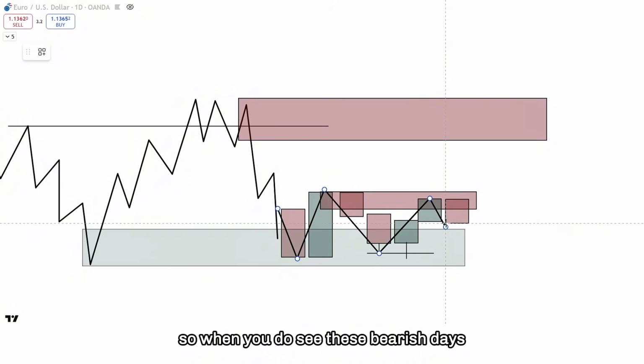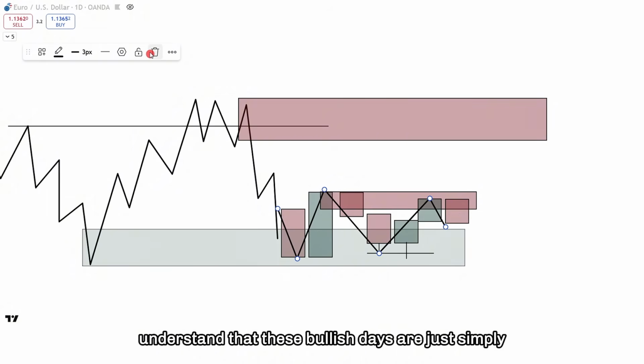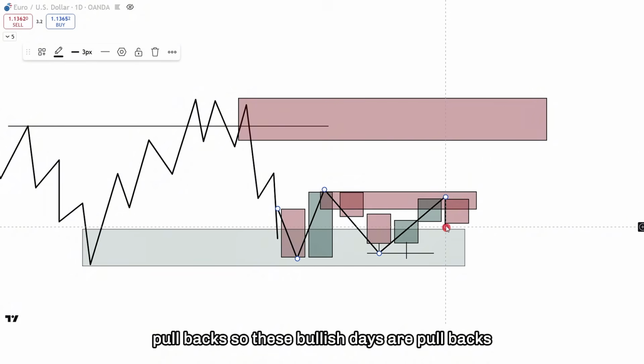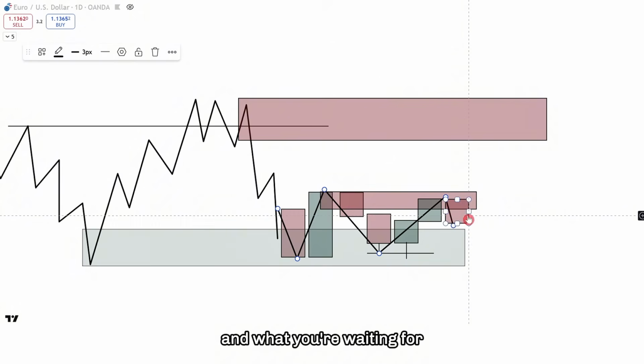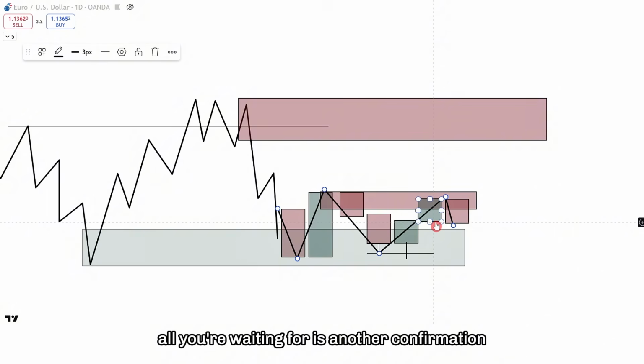So when you do see these bearish days, when you do have your bias set, understand that these bearish days are just simply pullbacks. And what you're waiting for, when you have that bearish day, is another confirmation, another daily candle.